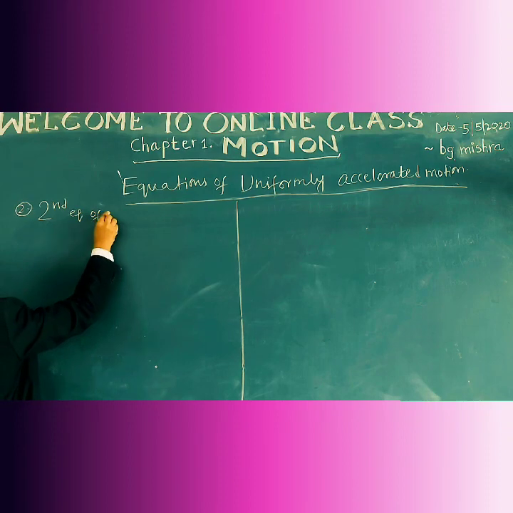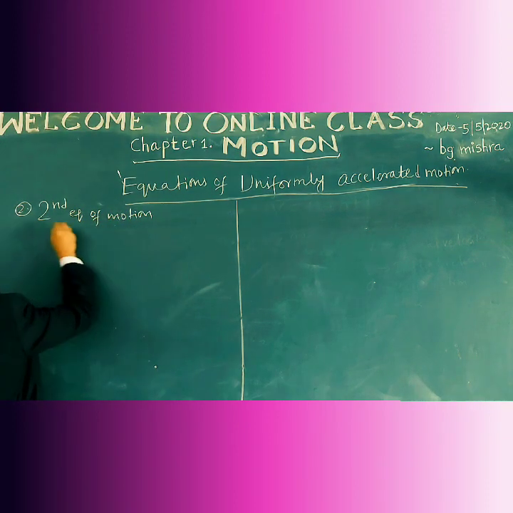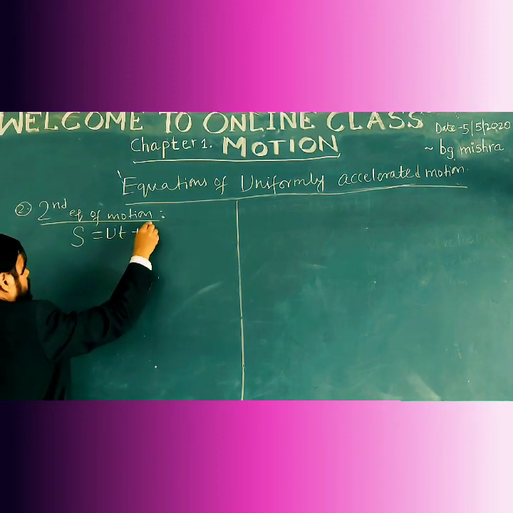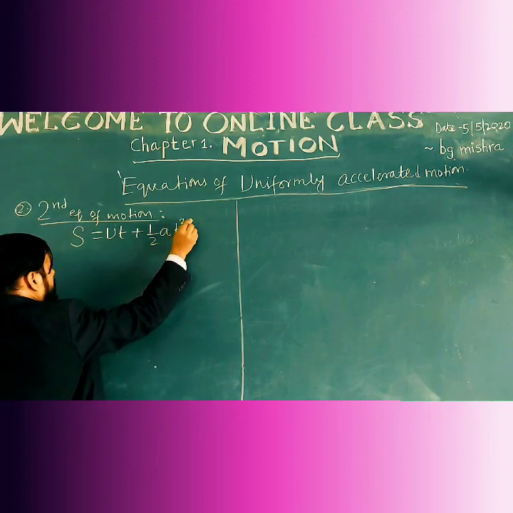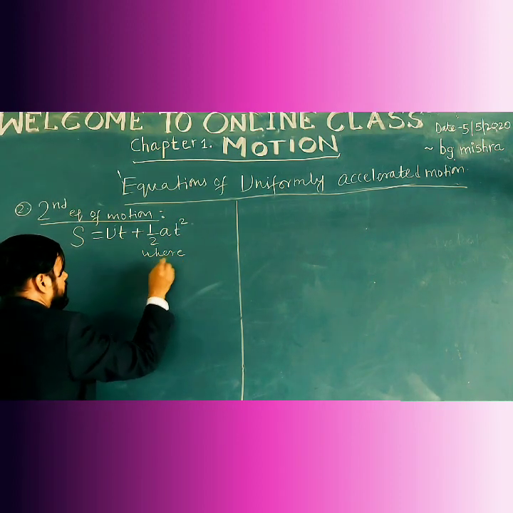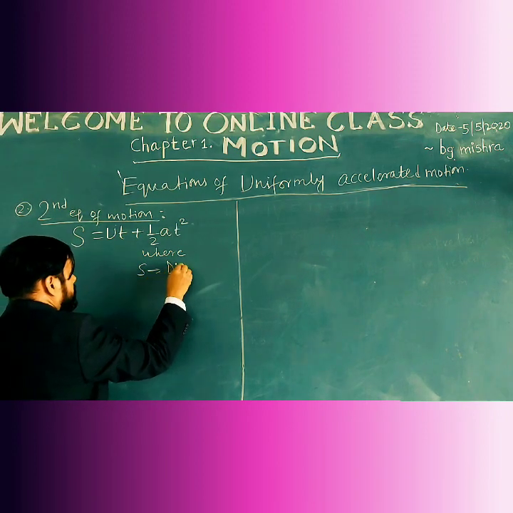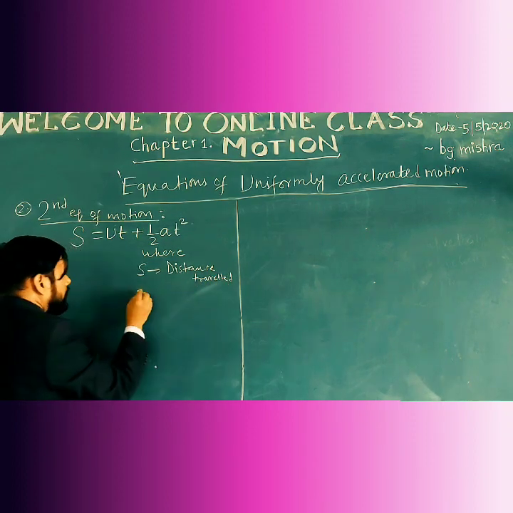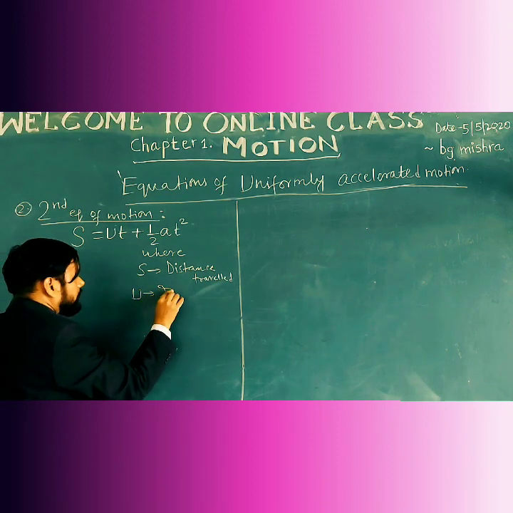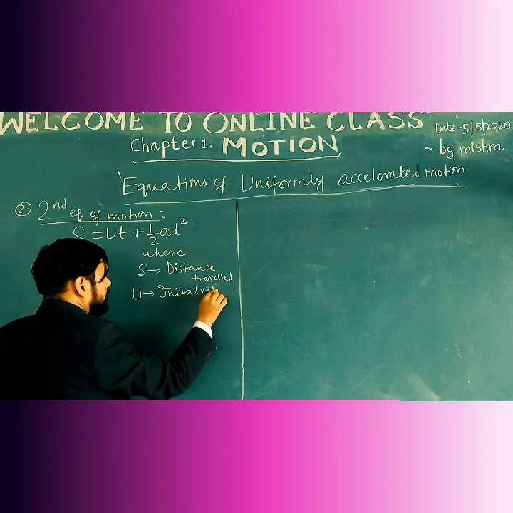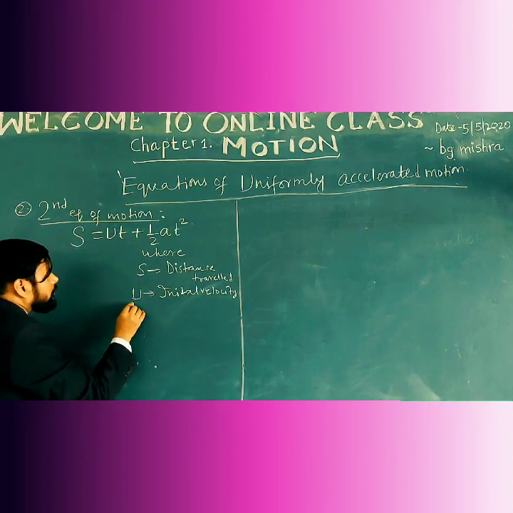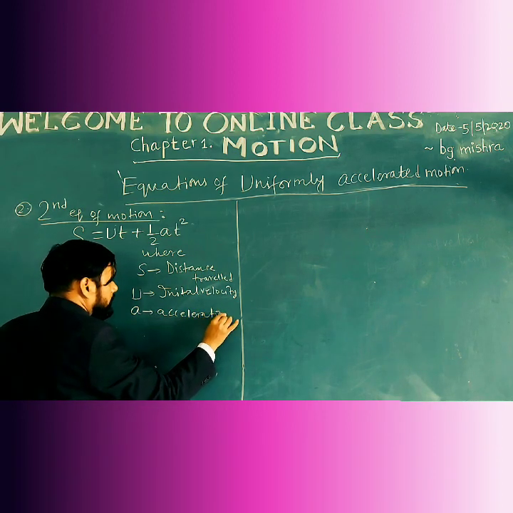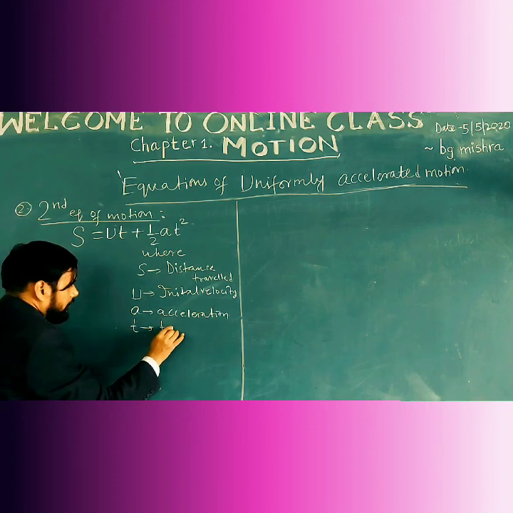Second equation of motion, that is s equals to ut plus half at square, where s is the distance traveled, u is the initial velocity, a is the acceleration, and t is the time taken.